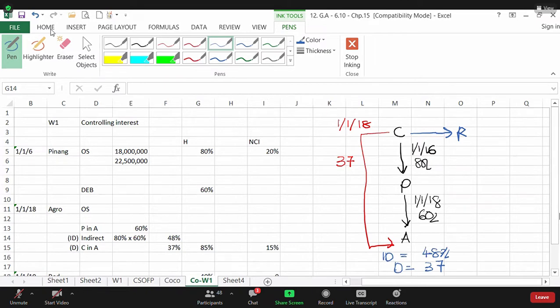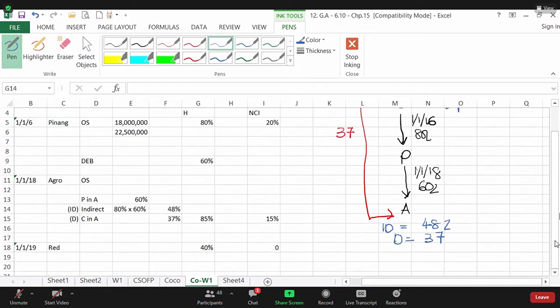Okay. So from the associate, A become the subsidiary of the group, but not for R, because in R only Coconut having the interest, not other company, and besides this is a direct associate.